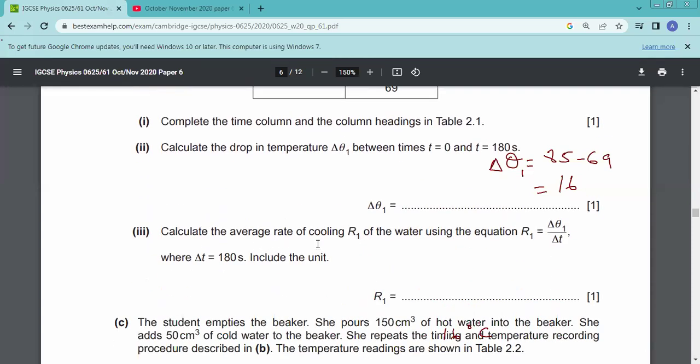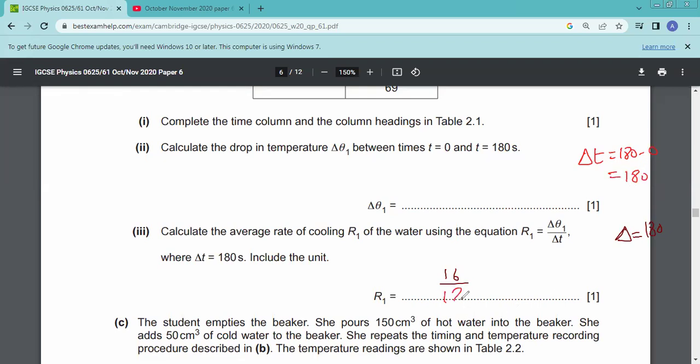Now we have to calculate the average rate of cooling with the help of the equation R1 = Δθ1 divided by the time, Δt. We know that Δθ1 is 16, and Δt is 180 minus 0, which is 180.